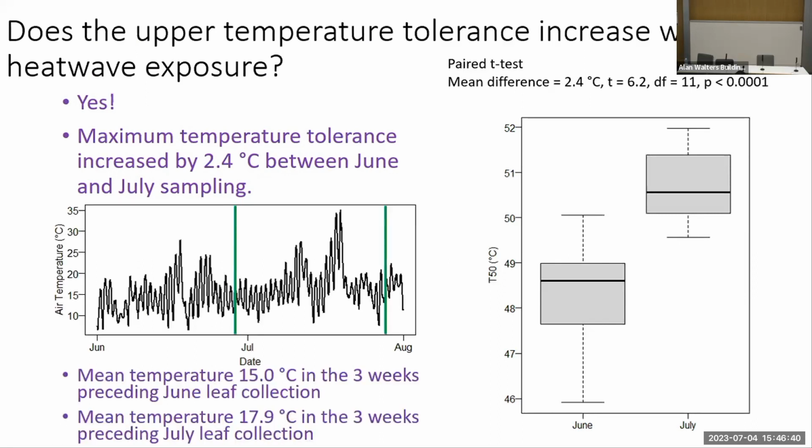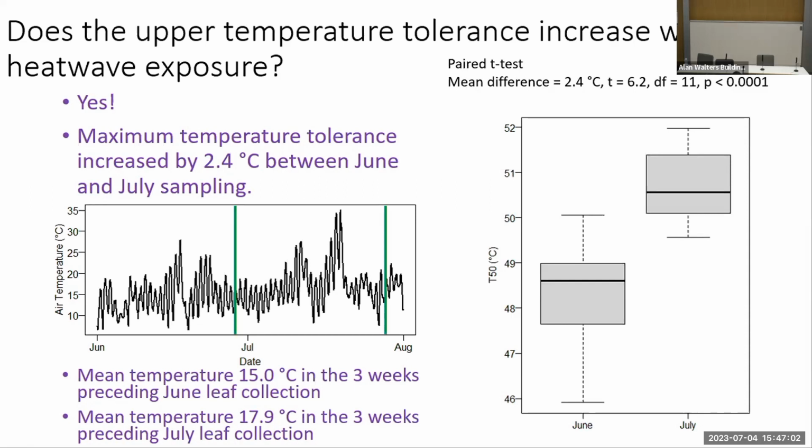When we analyze the temperatures before the heat wave event in July, the mean temperature was about 15 degrees. Then after 3 weeks, the tolerance increased, and before that second measurement, the average temperature was about 17.9.